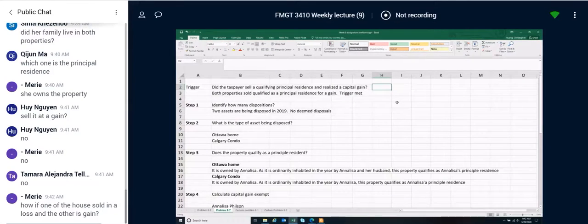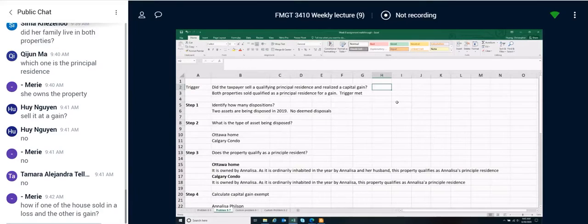Well, if you have one house that's sold at a loss and the other's a gain, what would you do? You just designate the principal residence that was sold for a gain. You just designate the years to that residence. Why would you ever designate the house that sold at a loss? Do you want to exempt a loss?